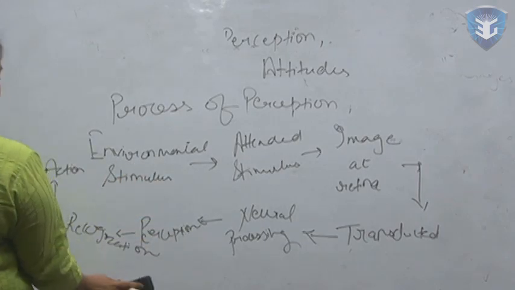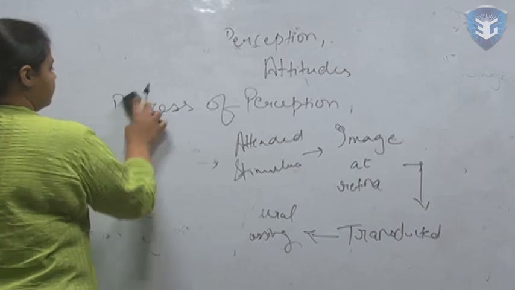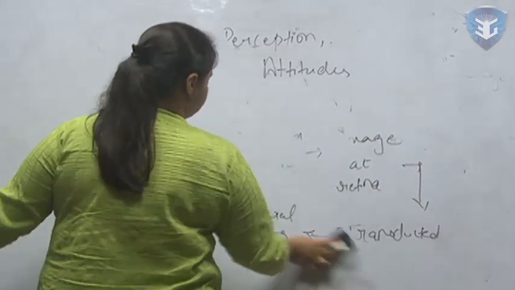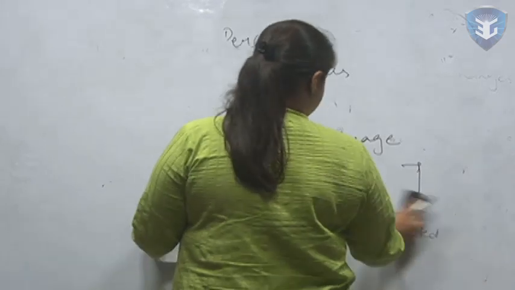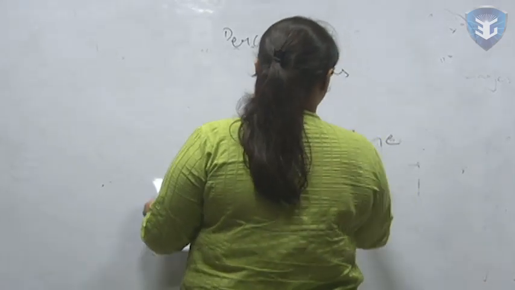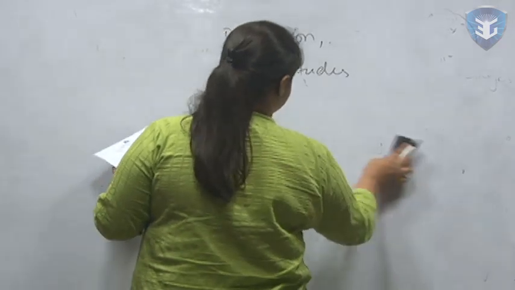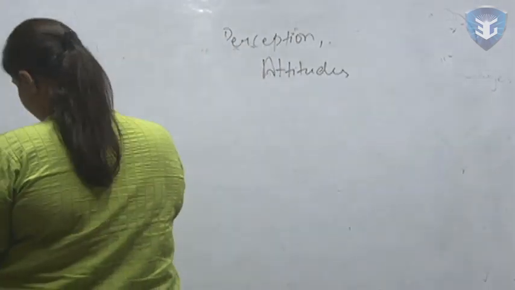So this is the entire process in which something is perceived and then action is related to that. Now you must be wondering why we are studying perception while understanding the organization. It is very important to know the perception of the staff so as to ensure effective results from them.